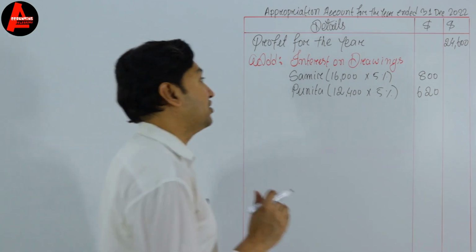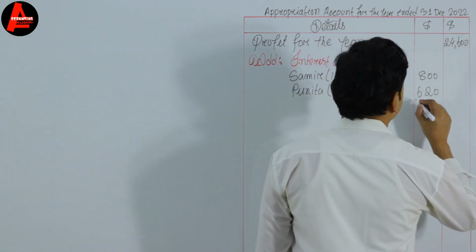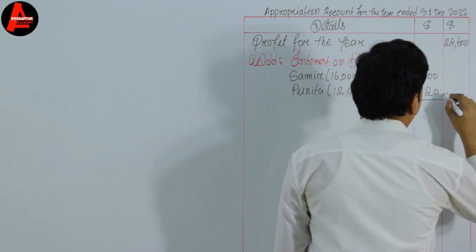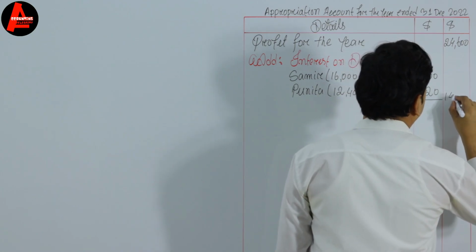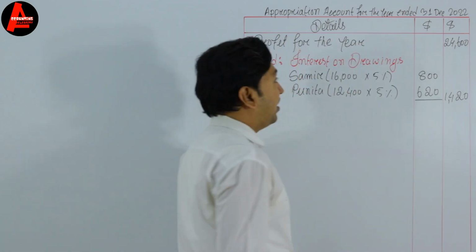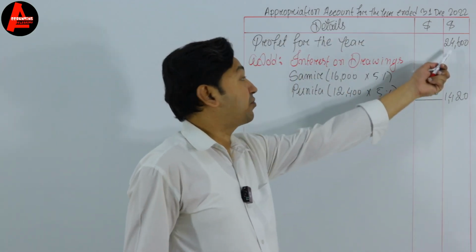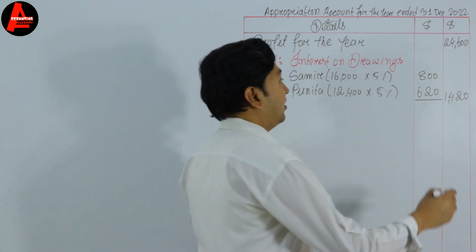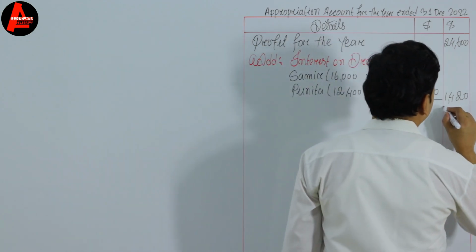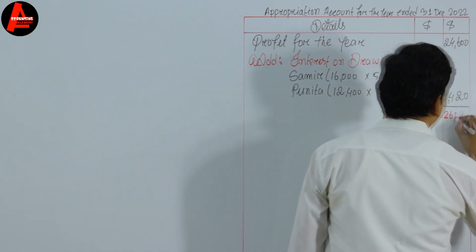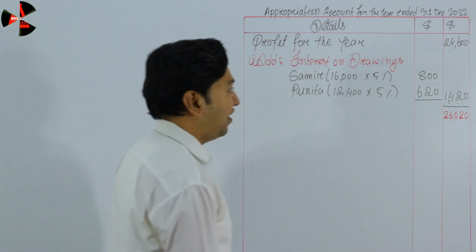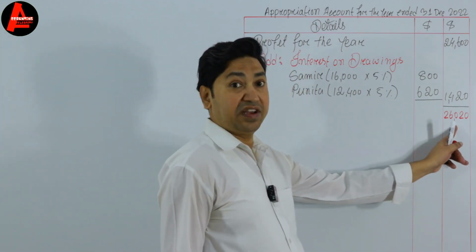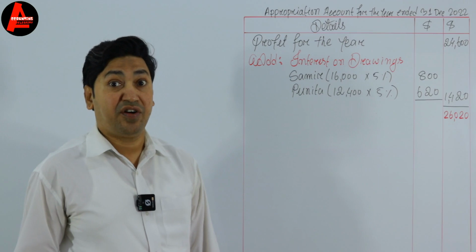So nothing else. We will add these two amounts. It is $1,420. So now we will add this interest on drawings to the profit for the year. So we get here $26,020.